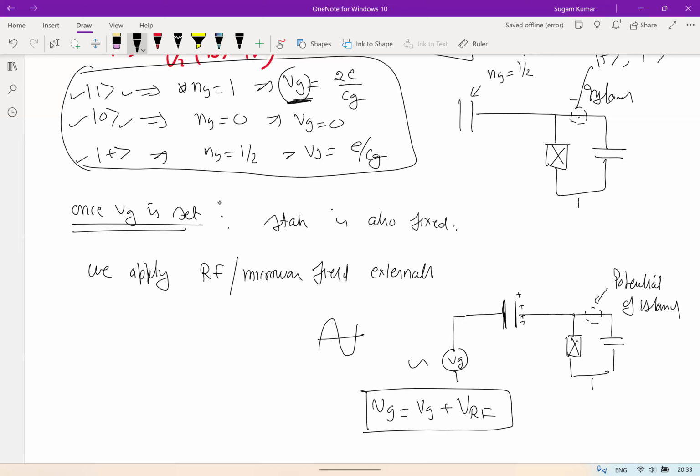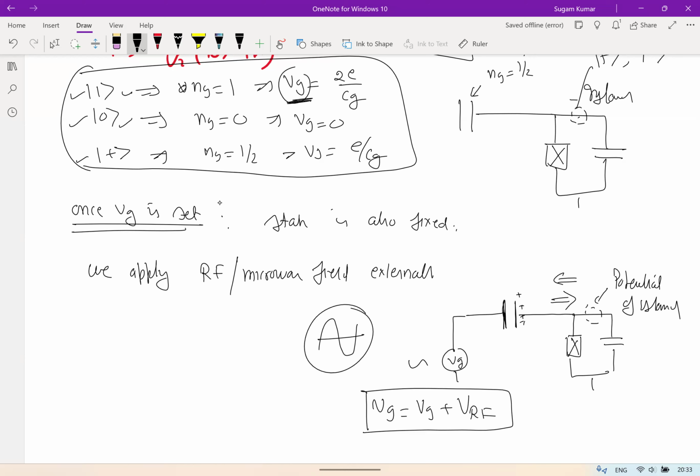So the potential will increase, decrease, and accordingly the number of Cooper pairs will increase or decrease. By shining this microwave, we can push more Cooper pairs, or we can pull Cooper pairs. And this is done by this RF.